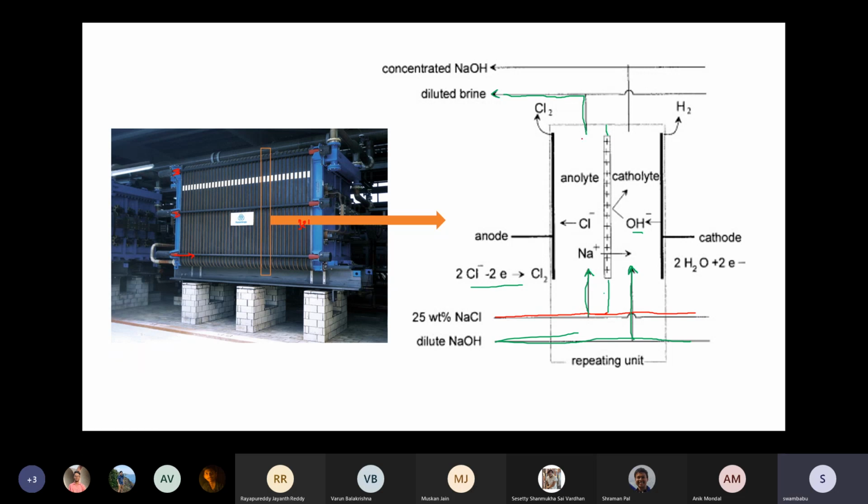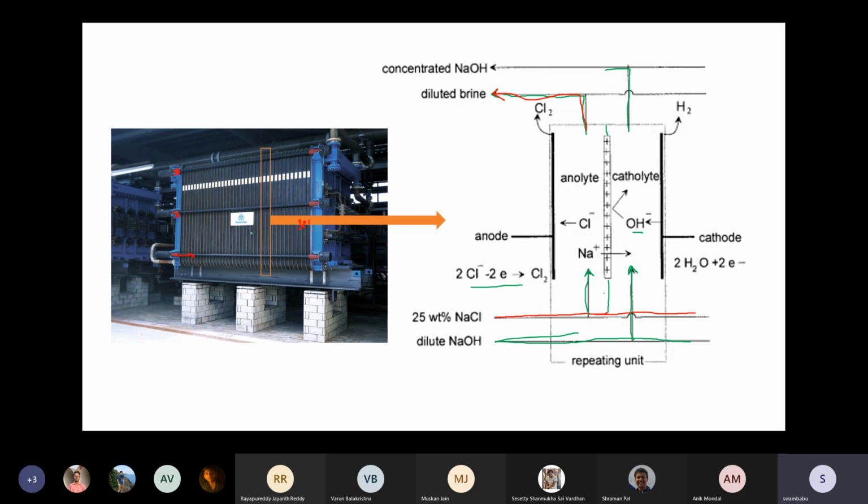The dilute brine solution is taken using one pipeline, and the concentrated NaOH will be taken through another pipeline. So a small pipeline is connected to each cell: one pipeline for NaCl, one for water or dilute NaOH, one for diluted brine, and another for concentrated NaOH.